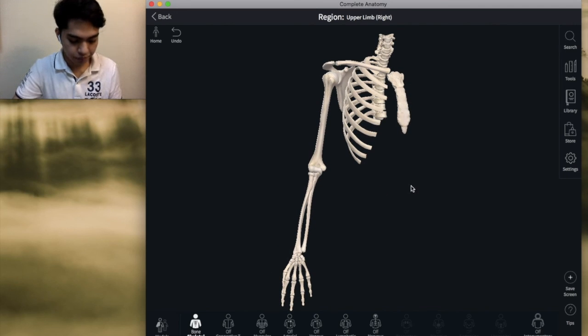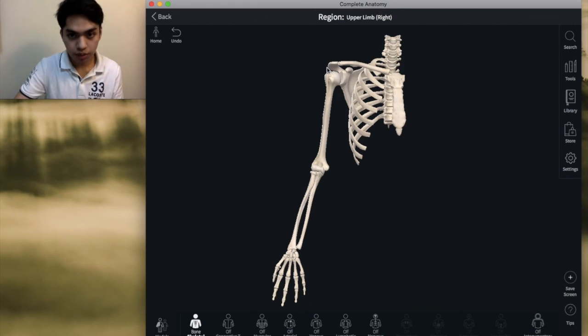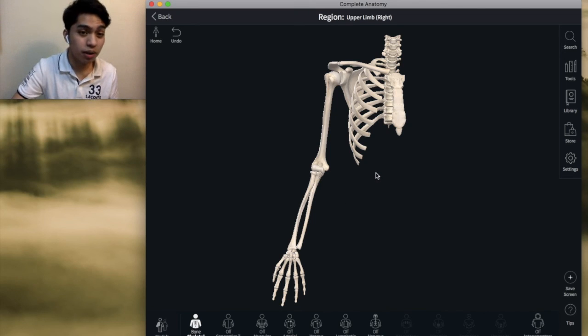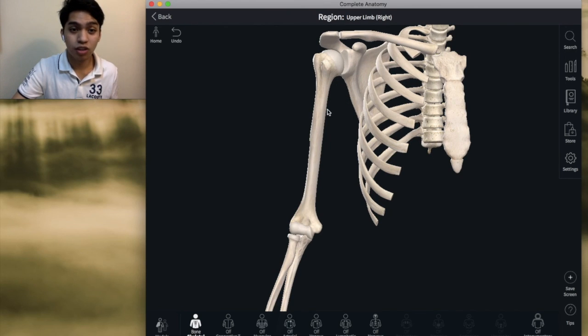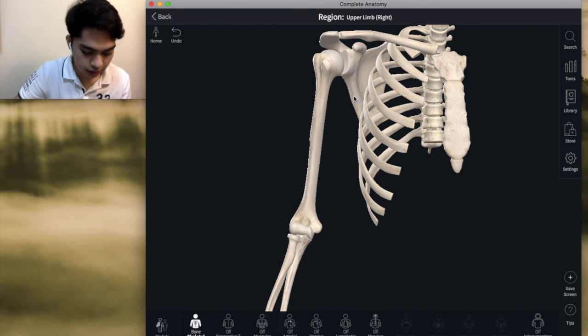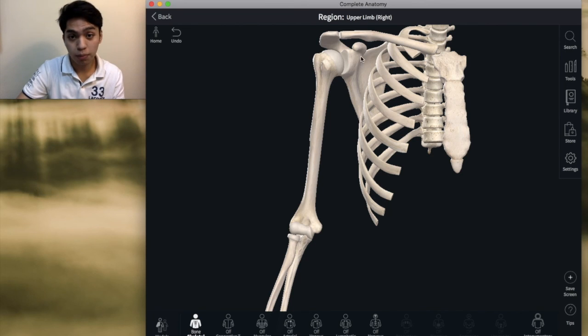Now, I'm starting first with the skeletal framework because I think it must be understood first. It provides a topography of its structures, of where the muscles are attached, where the vessels are situated, etc. And for the previous reports kasi, the scope of the upper limb has already been mentioned, diba?